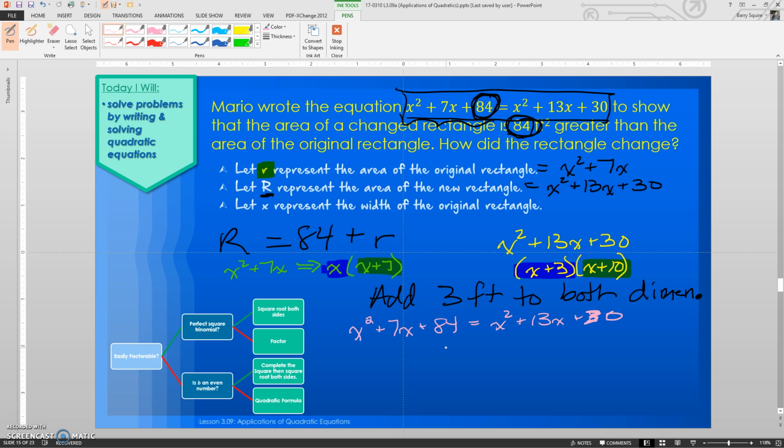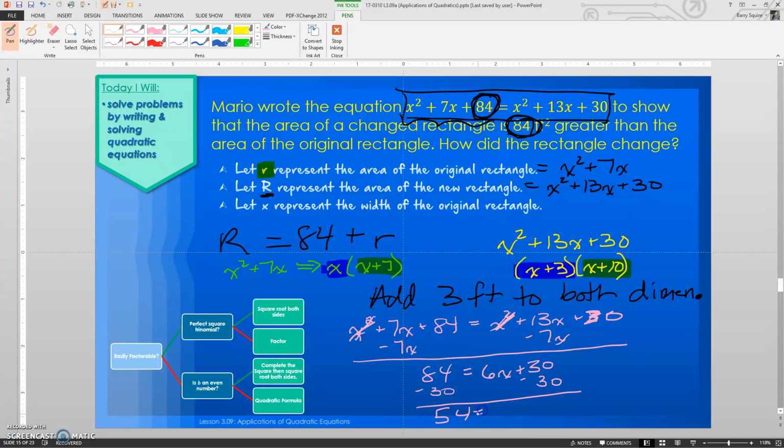Or maybe have all our x's on one side and all of our numbers on the other side. Because if we subtract x squared from both sides, these guys go away. Makes it so much nicer. So let's subtract 7x from both sides. Then we would have 84 equals 6x plus 30. And subtract 30 from both sides. Then we get 54 equals 6x. And for that to be true, x has to be 9.